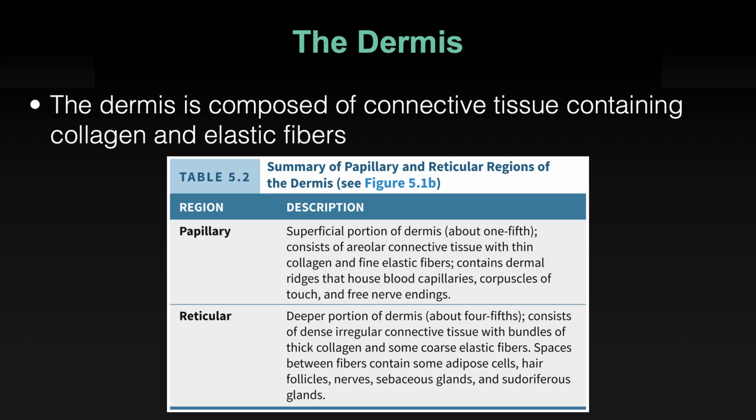It'd be pretty bad if my skin weren't flexible and I'm flailing my arms trying to describe things to you. But this is in the notes, the characteristics of the dermis. We can loosely break this up into papillary and reticular regions. I'm going to describe them on the next slide where I have a picture of those two regions.